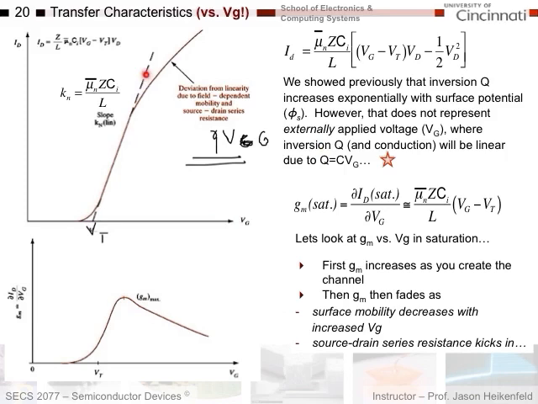And if my transconductance is change in drain current over change in gate voltage, right? We showed this to be calculated to be this on the previous slide, well then that should be my slope here. And so my slope here is what I call my transconductance parameter.